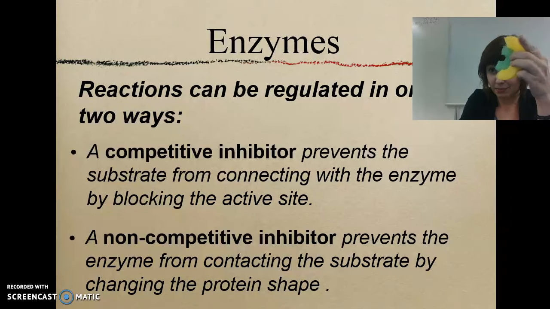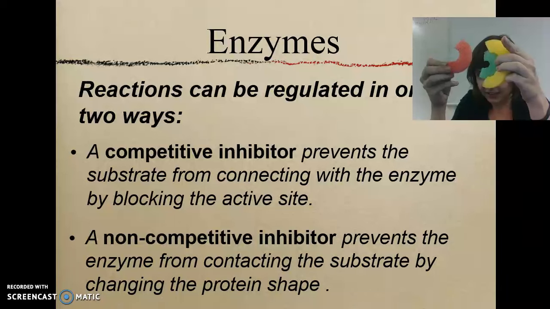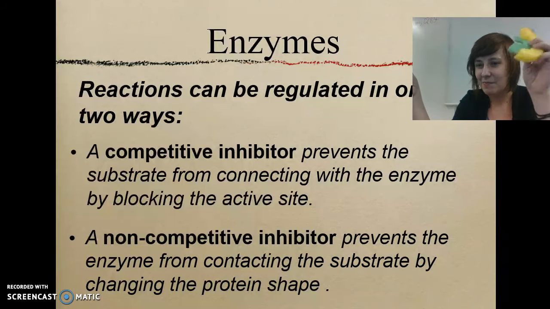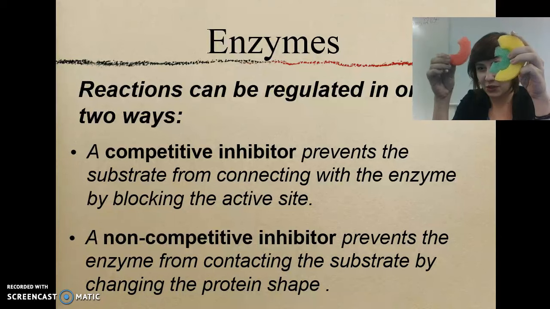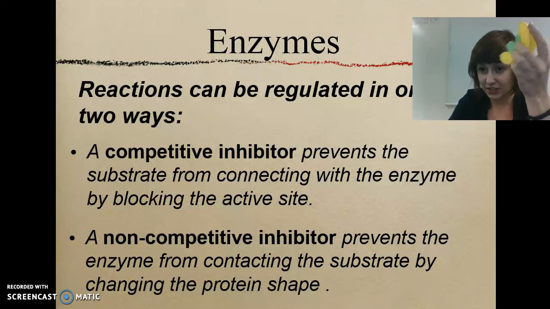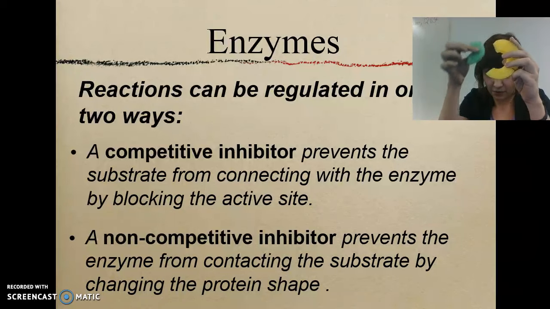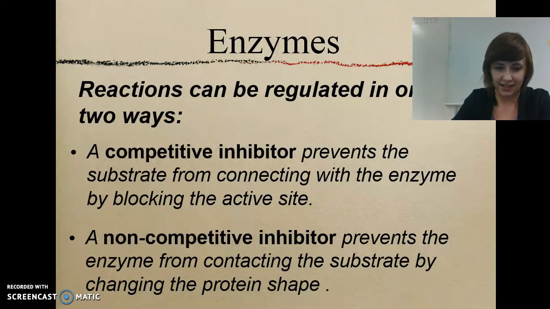Because if this is blocked, we can't fit our substrate in there. It's directly competing for something. It's using it instead, but this is not useful, so you can't actually do the useful thing with it. So this is a competitive inhibitor, and that's bonding to the active site. So competitive inhibitors bond to the active site.